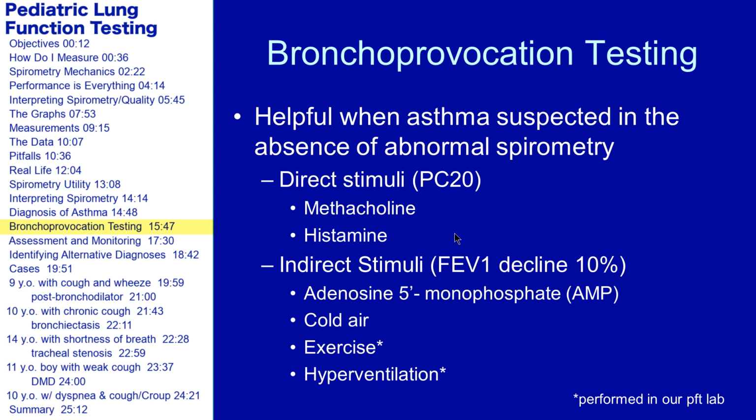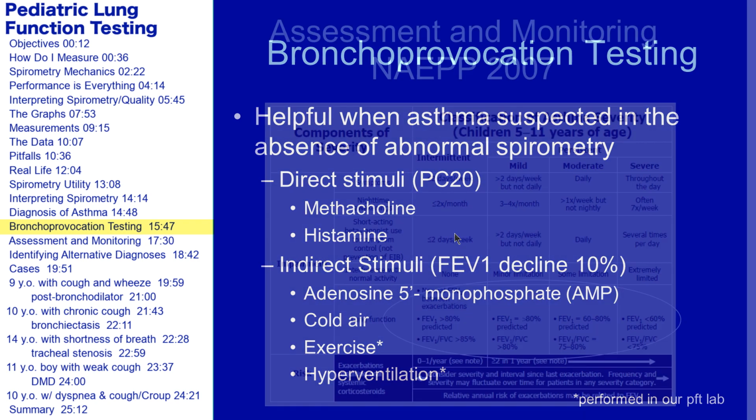The ones that are performed in our lab currently are exercise-induced asthma testing as well as hyperventilation. And if you see a 10% decline in their lung function from before the test to after the test, then that is diagnostic of an abnormality and evidence of airflow obstruction or airway hyperresponsiveness.